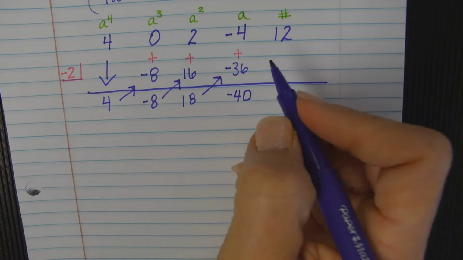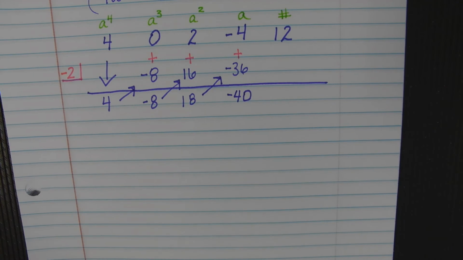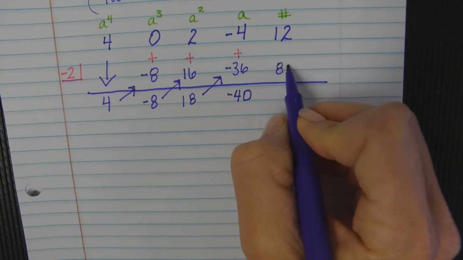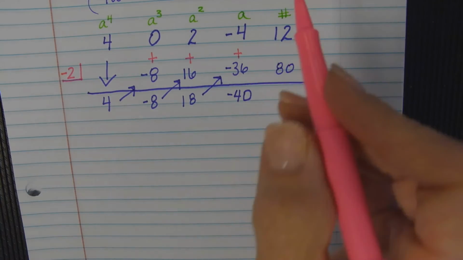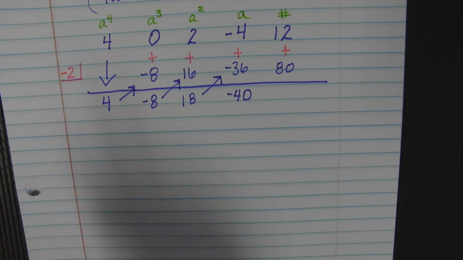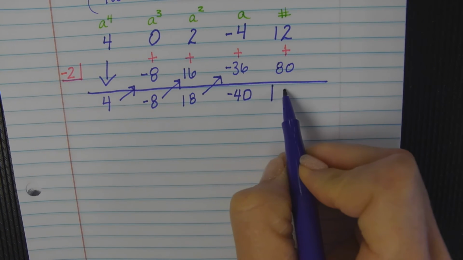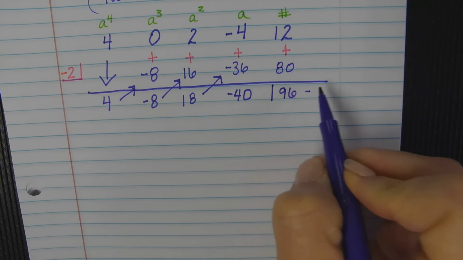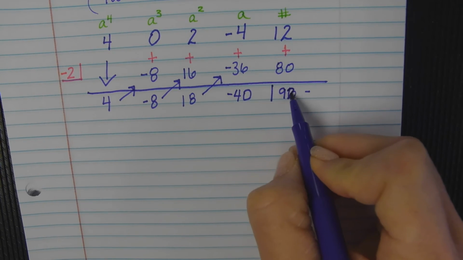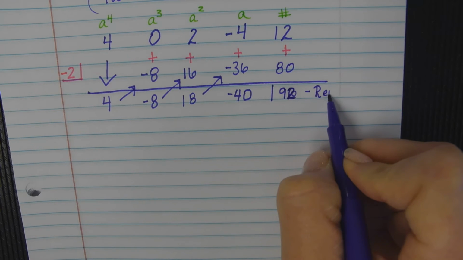Okay. Negative 40 times negative 2 is positive what? 80. Uh-oh, what's going to happen? All right. And this last number, what is it called? The remainder. So I'm going to do that separately. That was 92, sorry, I wrote 92.